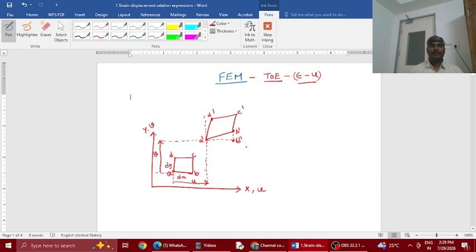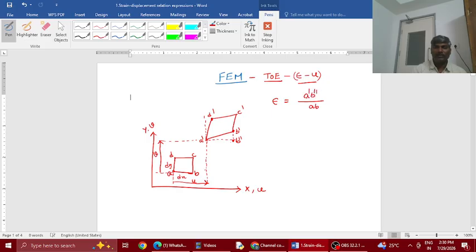Okay, so by definition, strain is equal to change in length by original length. Original length was AB, so that is the denominator. Here you need the change in length. So what is the change in length? In the horizontal direction, the horizontal dimension is A dash B double dash.